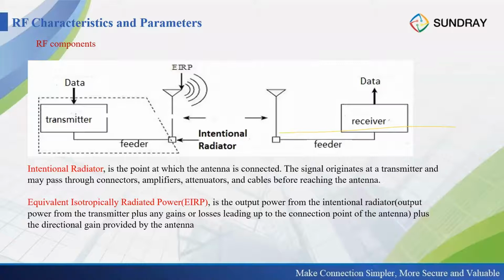After the antenna, the signal becomes the EIRP. Why do we not notice this kind of term? Because when you check some documents, maybe some introductions of products, they will use this kind of term. So it is better to know these terms when we do a wireless project.